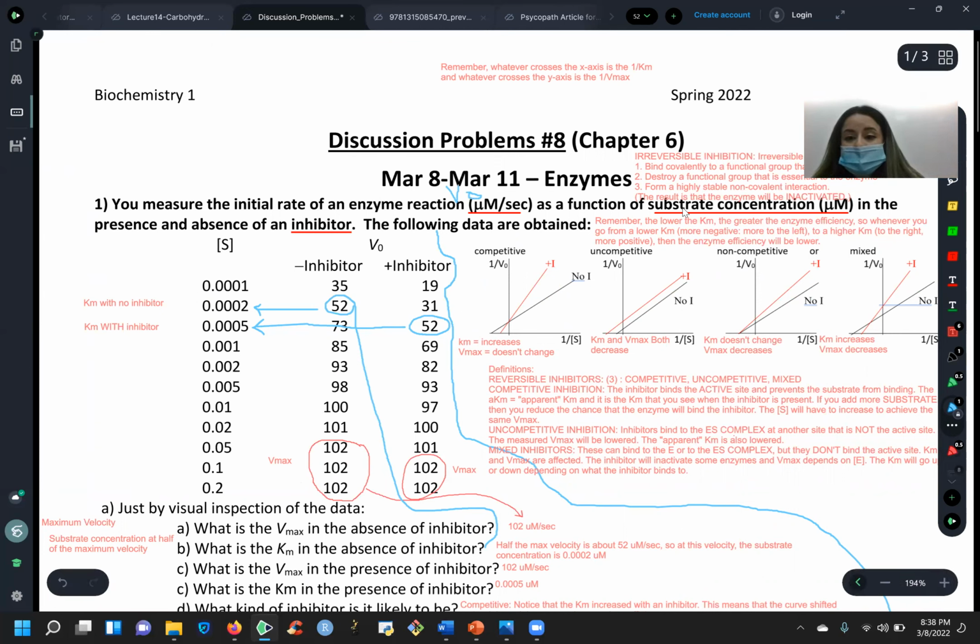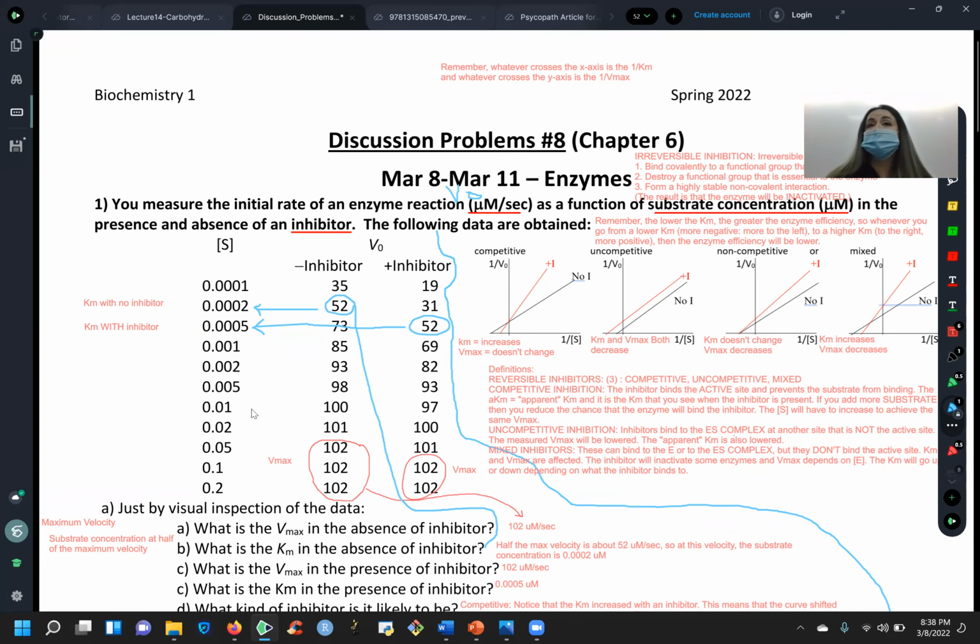As a function of substrate concentration, we know that substrate concentration is on the x-axis, in the presence and absence of an inhibitor. So basically, they're going to give you a table with some data. You're going to find some stuff, and then you have to figure out what type of inhibitor they gave you. Okay, so we're going to walk you through the whole thing.